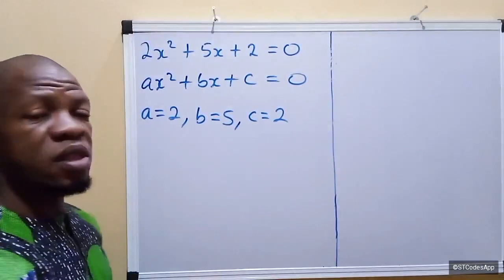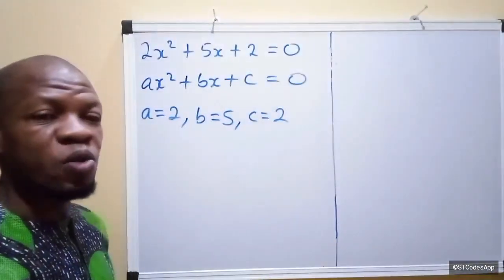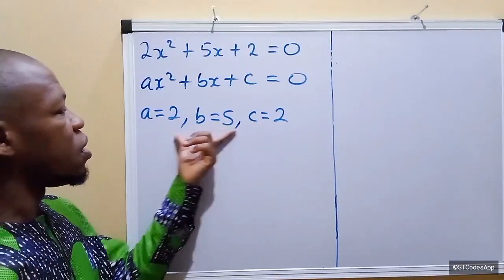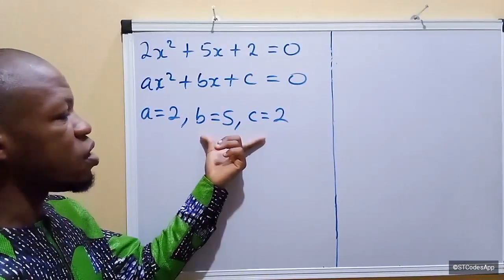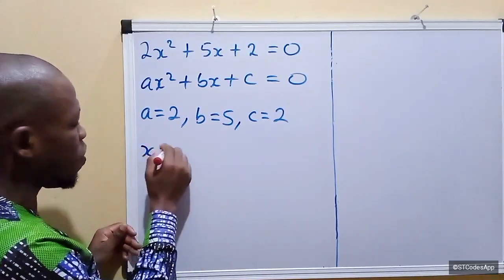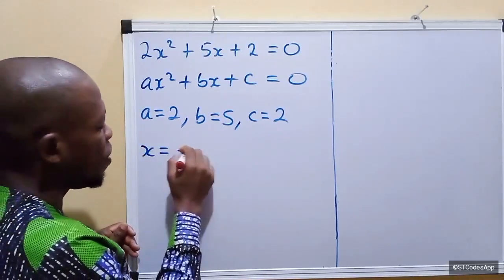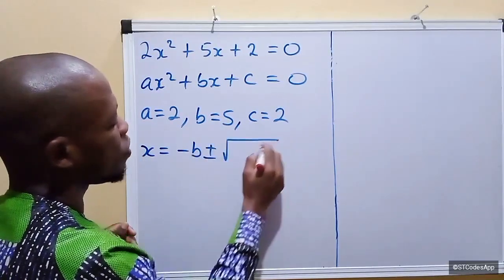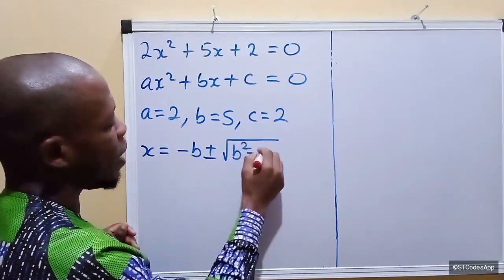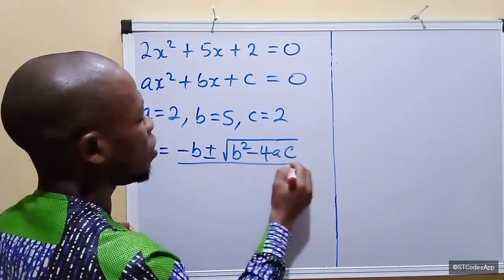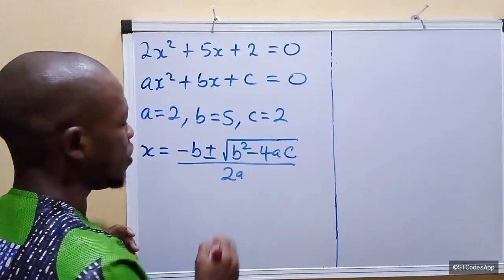Now, having gotten to this point, let's write down our quadratic formula, which we are going to be supplying these terms or constants we have brought out, and that gives us that x is equal to minus b plus or minus square root of b squared minus 4ac all over 2a.